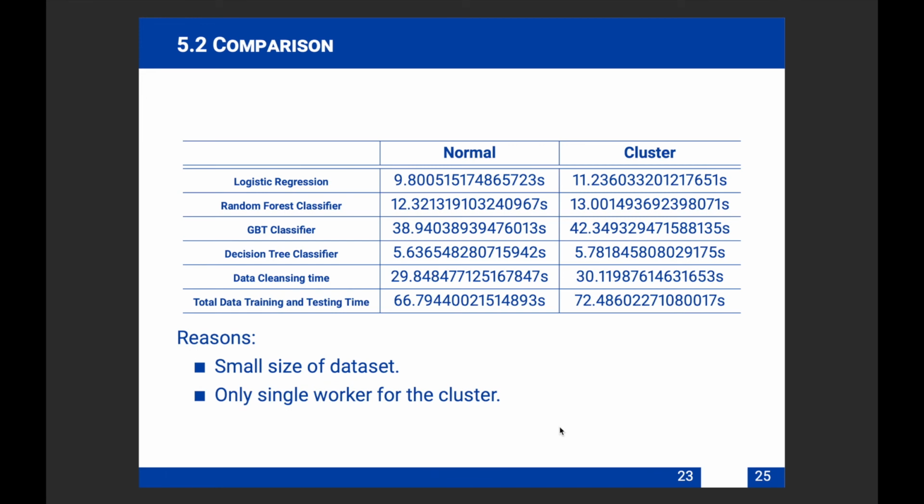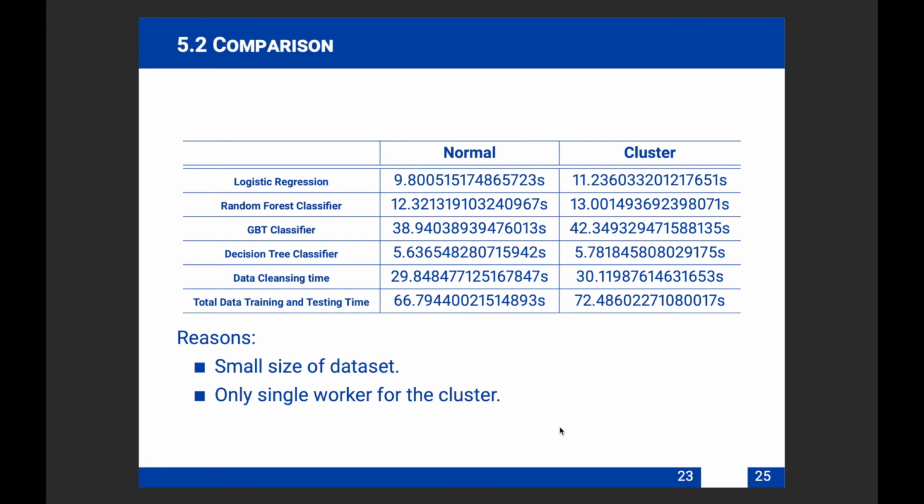We expected that running on the cluster should be faster than running in a single client. To our surprise, all the processes running on the cluster are slower than running in a single client. We think that it is mainly caused by two reasons. First, the cluster initialization and communication took more time, and the dataset we use is too small to reflect the advantage of the cluster.